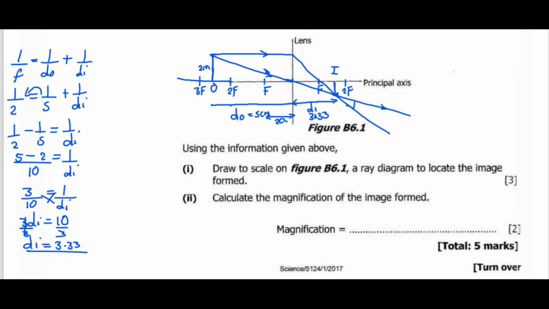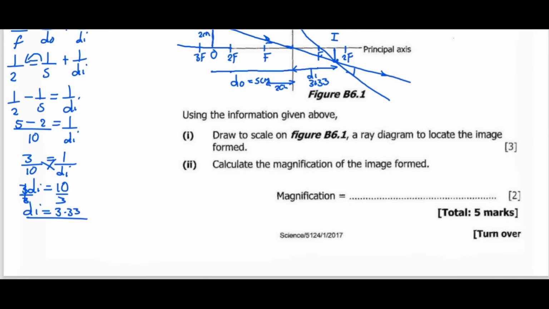So after we have this distance, we can now say magnification is equal to the distance of an image over the distance of an object. Distance of an image is 3.33 over 5.